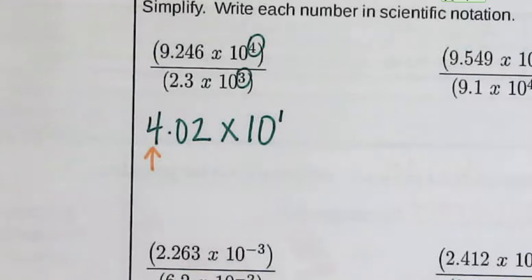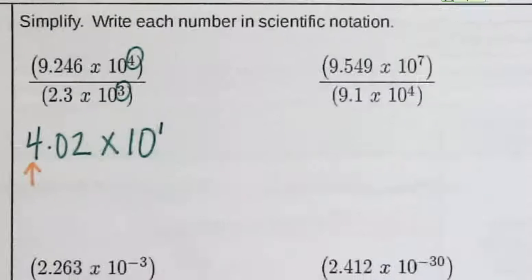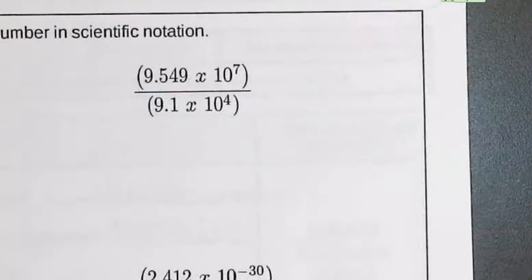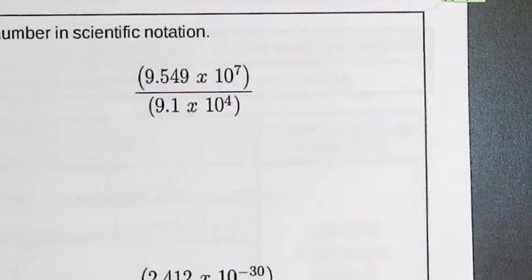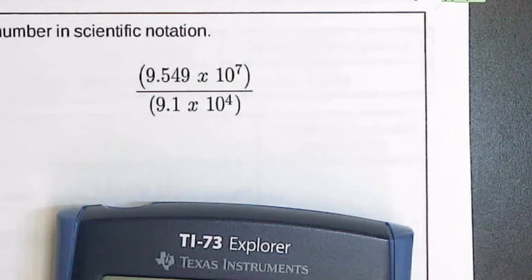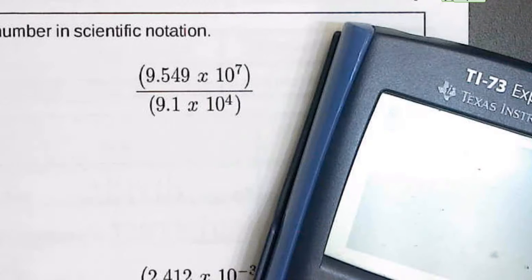Oh, I wonder if there's a typo in this problem. We got a really big number on this one, but that's all right. I get this crazy big number, 1.04934065. Whew, that was a big number for today.